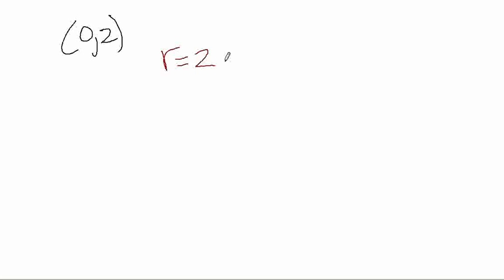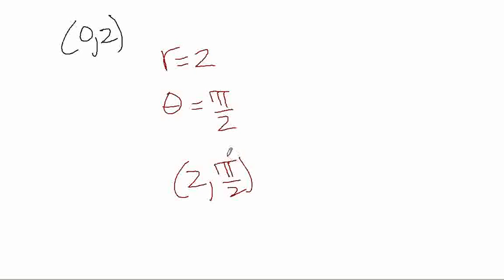We don't need to worry about the 0 in calculating r. And then, because it's on the y-axis, located above the origin, theta is going to be pi over 2. We can determine that from noticing that 2 over 0 is undefined. So putting it all together, 2 comma pi over 2. Okay?